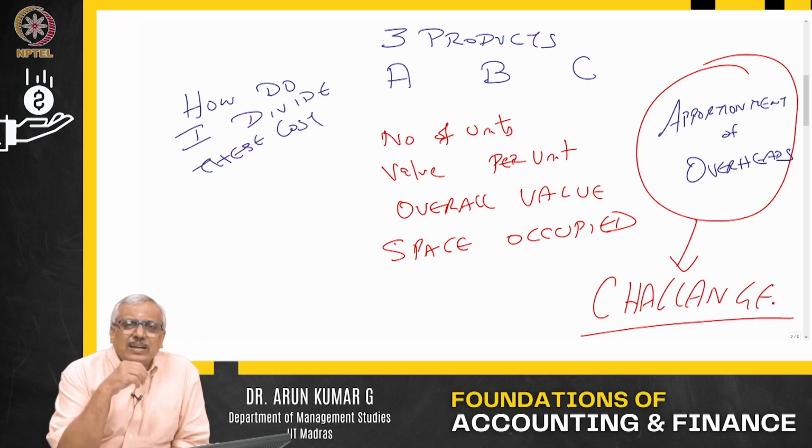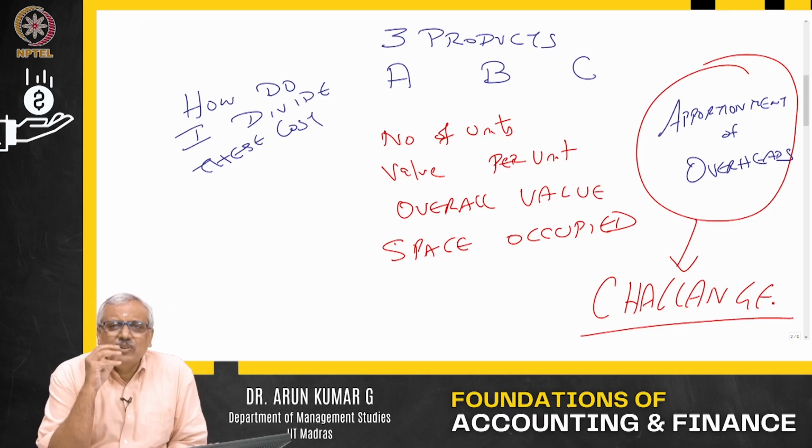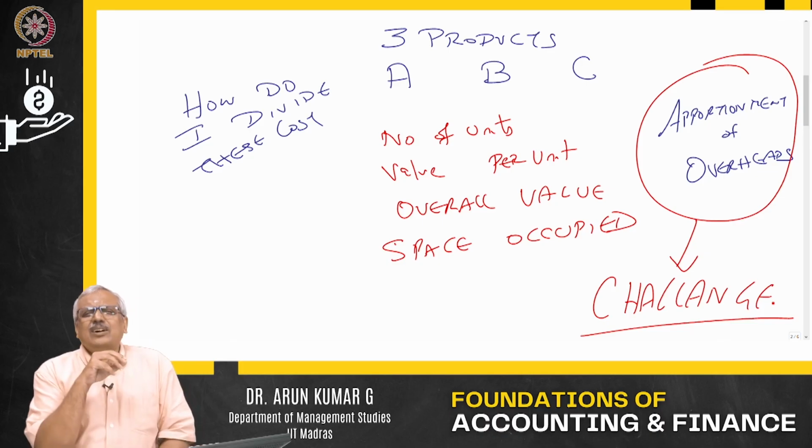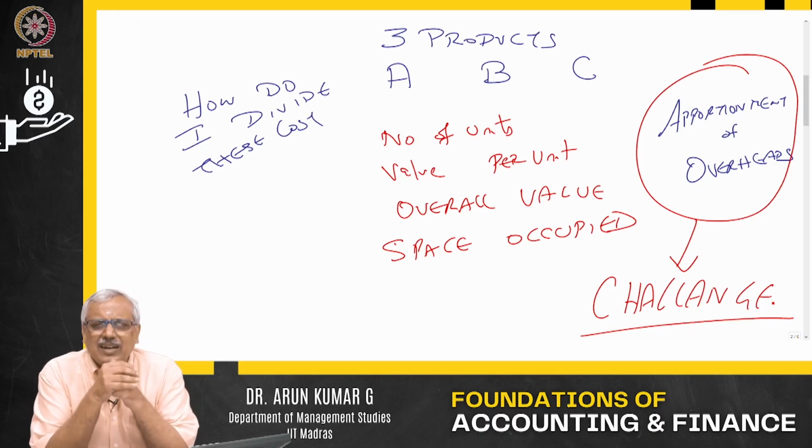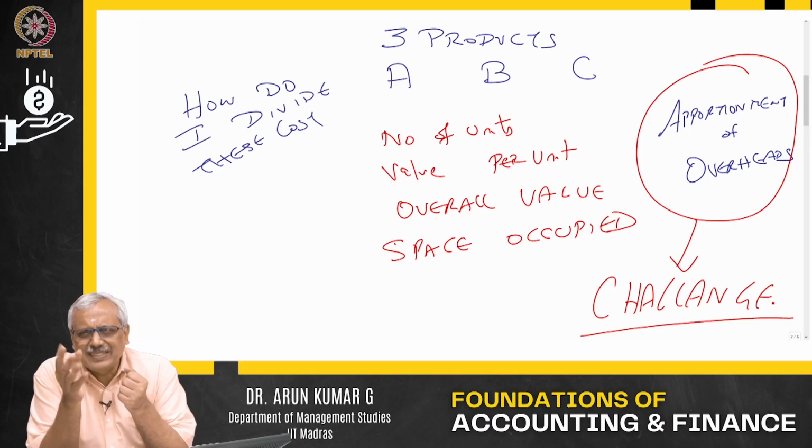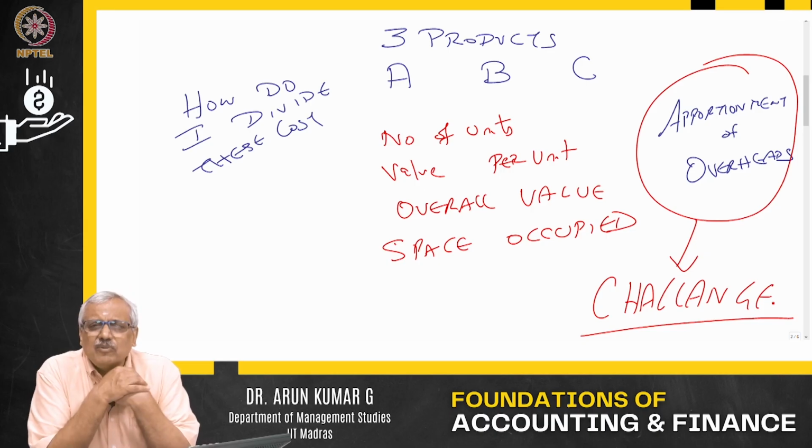Now, traditionally, one of these measures, I would not use the word arbitrary, let me rephrase, one of these measures which are more or less accepted, not totally arbitrary, with some basic logic, was being used for dividing the overheads.